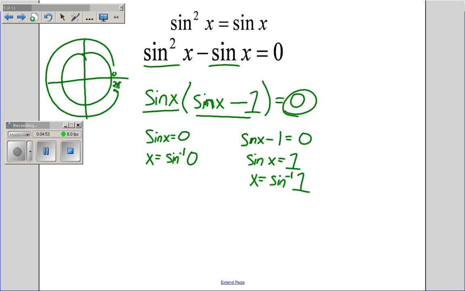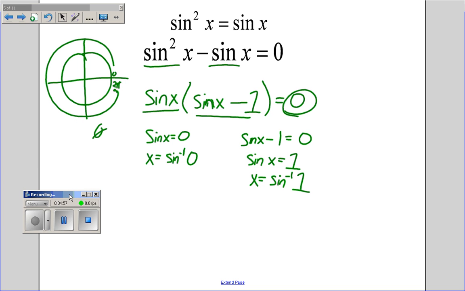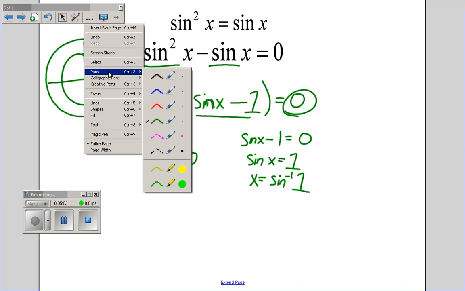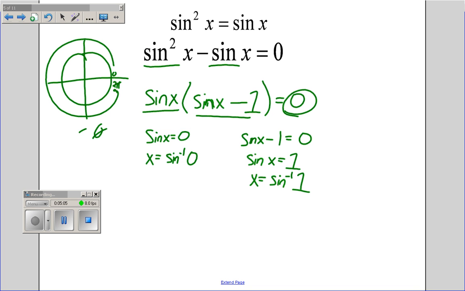Sometimes you'll see that written where they put theta in the middle, and it's got to be greater than or equal to 0 but less than 2 pi. Or sometimes you'll just see a bracket 0 to 2 pi. That just means find all the angles.